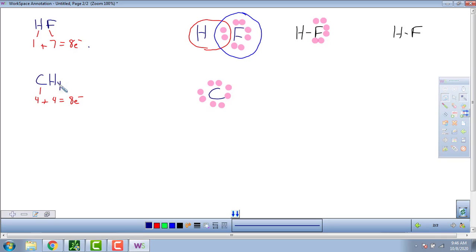We have 4 hydrogens, and hydrogen each wants 2, so we might as well put 1 on each side. Again, we generally draw it with dashes.